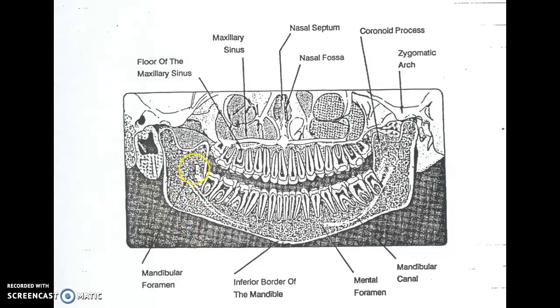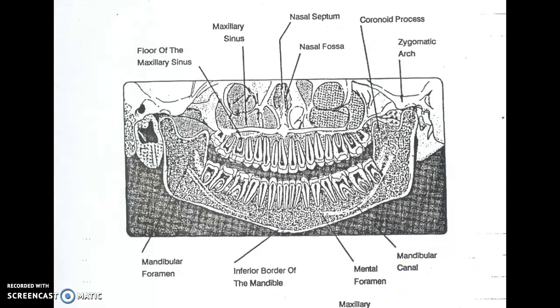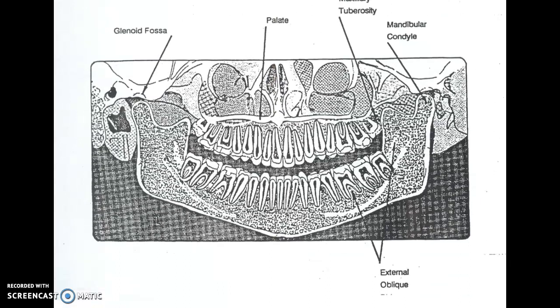And then this is actually your external oblique, that little radiopaque shadow coming across right there at the CEJ. You've got the inferior border of the mandible here, but if you look, that cortical plate, or the cortical part of the bone, actually outlines every single part. And that's kind of what it does. That's its point. Okay. Then we'll scroll down to this other image.